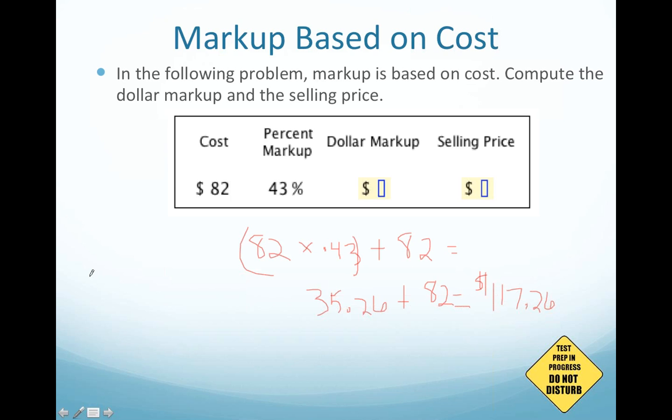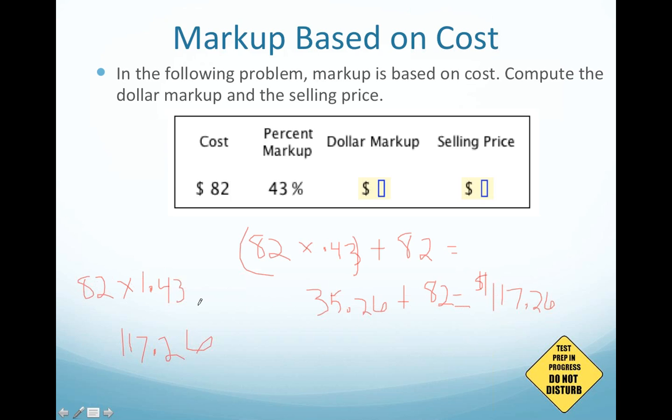Now the other way of doing it is to take the 82 bucks and multiply it by 1.43. If we take 82 and multiply by 1.43, we're going to come up with $117.26 as well. So multiplying it by 1.43 is the faster way.